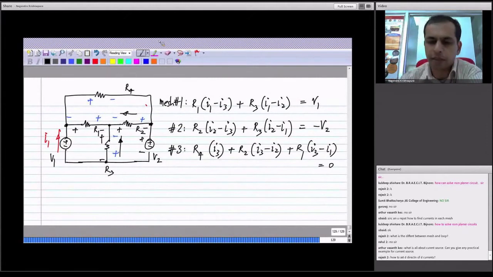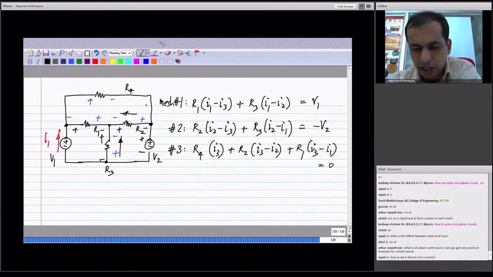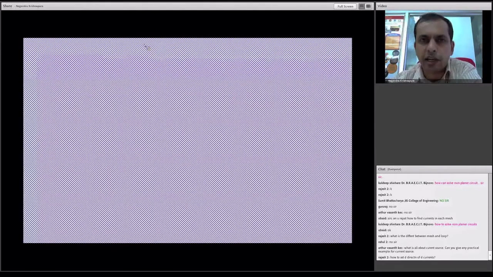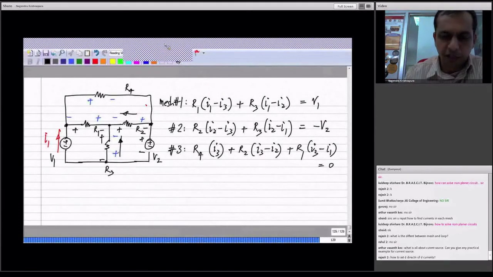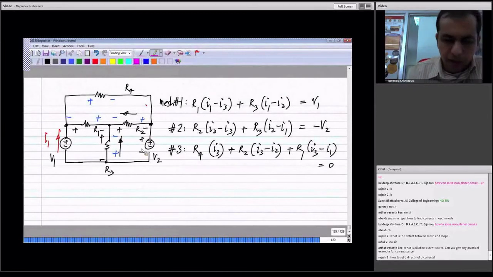Okay. Now there was a question from Rajesh asking what is the difference between a mesh and a loop. Like I said, a mesh is also a loop, but it doesn't contain any other loops inside. Okay. For instance, in this particular circuit, this is a loop and this is also a loop.